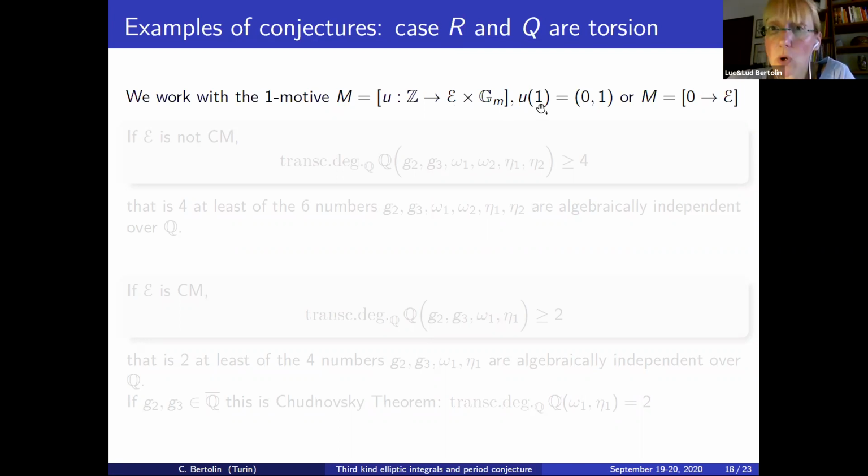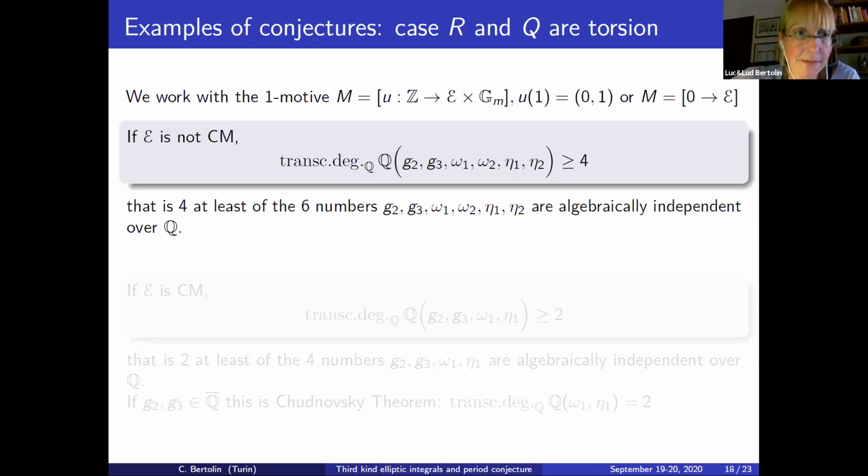If R is torsion, we have that the point R modulo isogeny is 1. If R is torsion, also P is torsion, and P is 0 modulo isogeny.